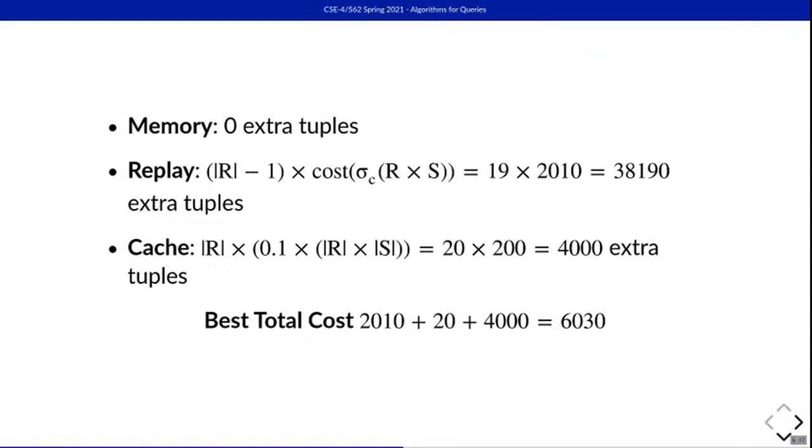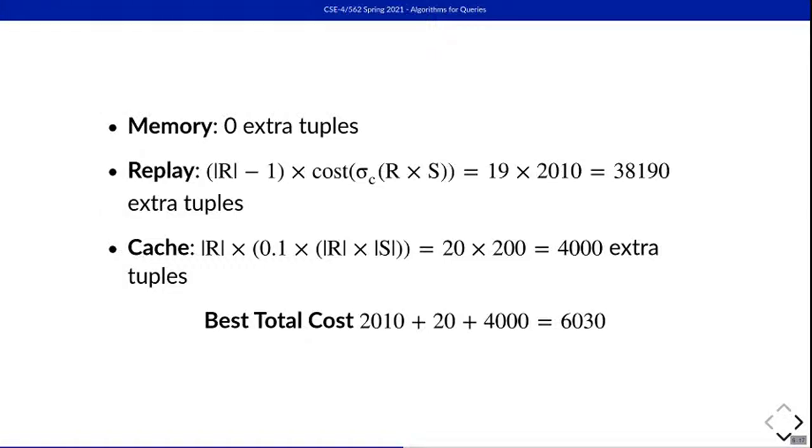In other words, if we look at these different options, now the best option is actually different. Previously, the best option was to replay the input operator. In this particular case, it makes more sense to cache because, well, we don't have to pay that 38,000 cost. We've essentially filtered out a bunch of tuples.